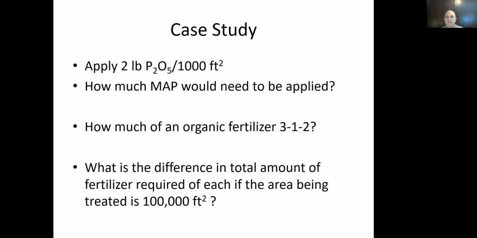It would be massive. If you did the math on those things right there, it would just be, we need a little bit of MAP and a lot of that organic fertilizer, because that MAP has 52 times more P2O5 in it than that organic fertilizer. So I'm going to need 52 times as much. And when we start looking at large acreages, that's a really big difference.